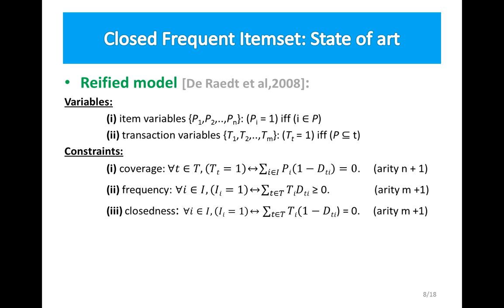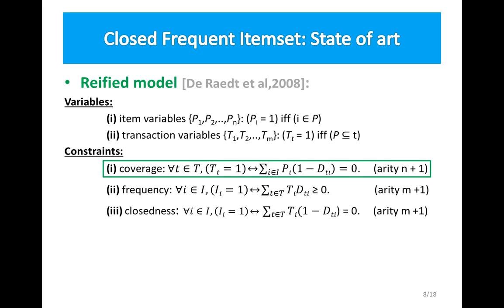It's based on reified constraints, and the model is based on two kinds of Boolean variables, item variables and other auxiliary variables representing transactions. The relationship between the item set and the data set is made with the coverage constraint, and we also have the frequency and closedness constraints.